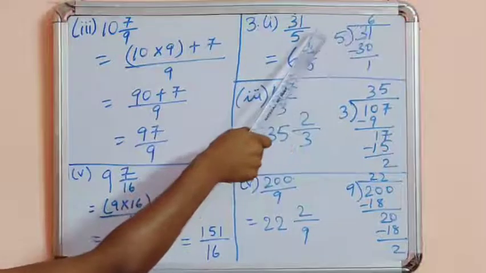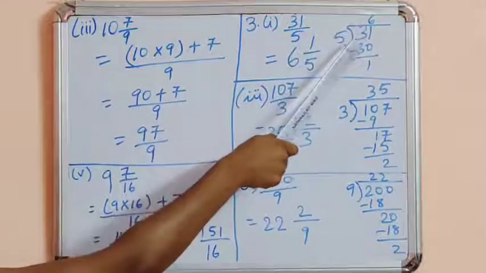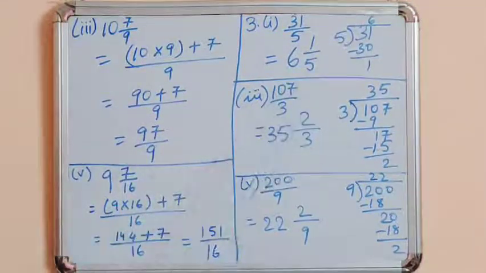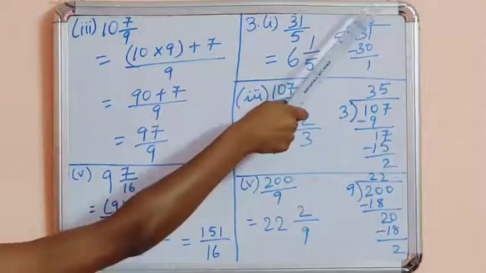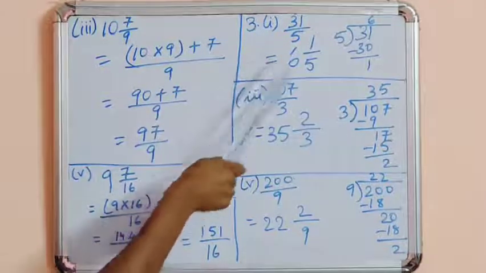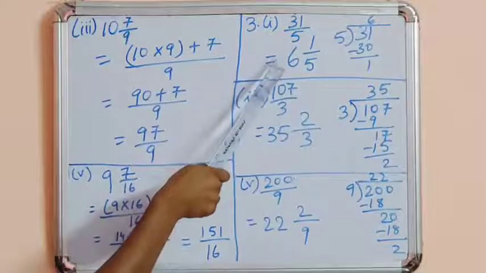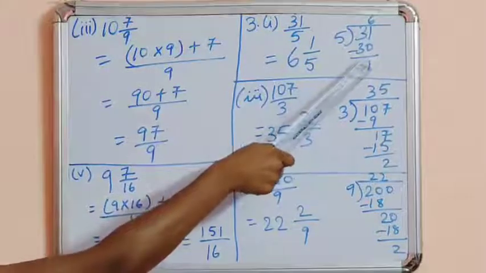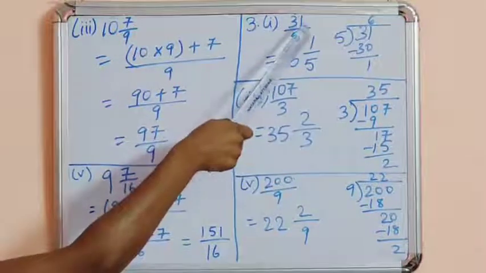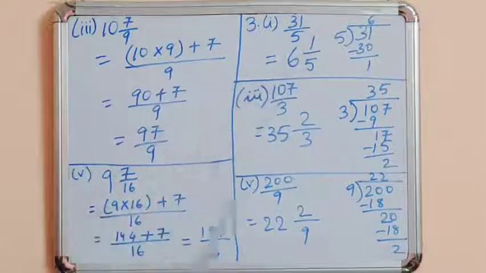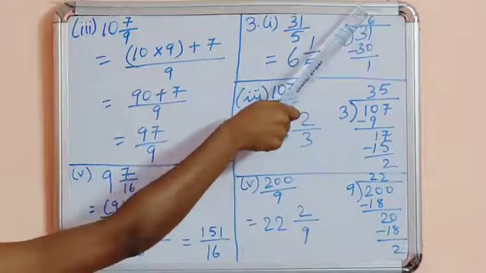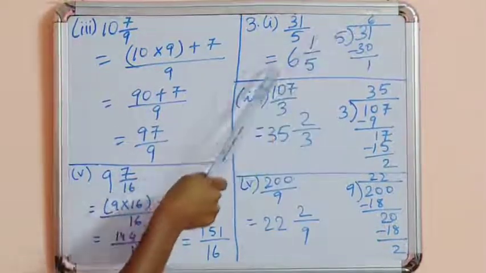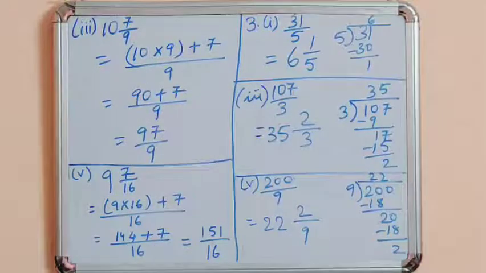If you divide 31 by 5, you get 5 6s are 30 and 1 is the remainder. So you write this quotient here first. The 6 as a quotient, you have to write this here. And then you write this remainder in the numerator and the divisor in the denominator. So this will be 6 1 by 5. That is 6 1 by 5 will be the answer.